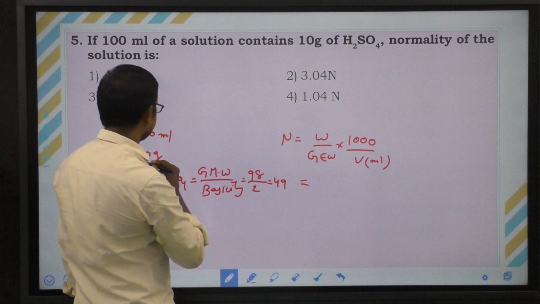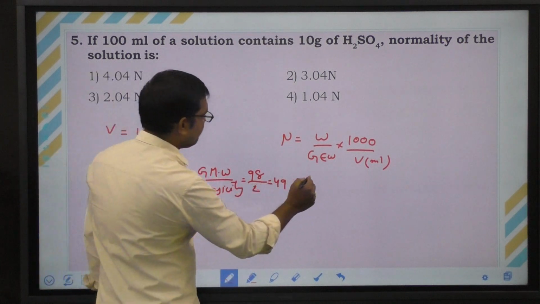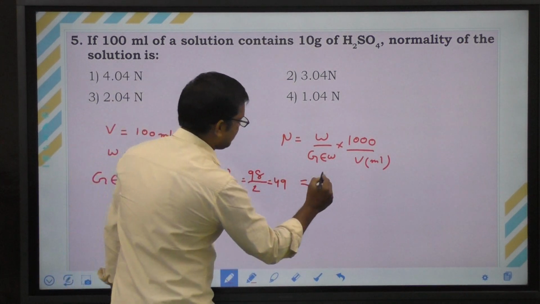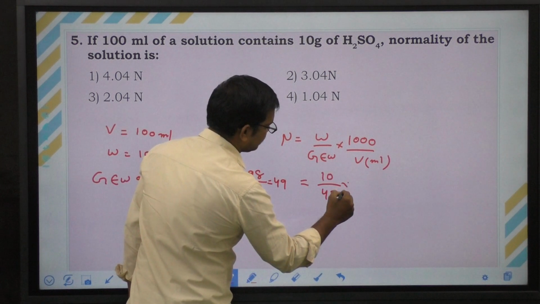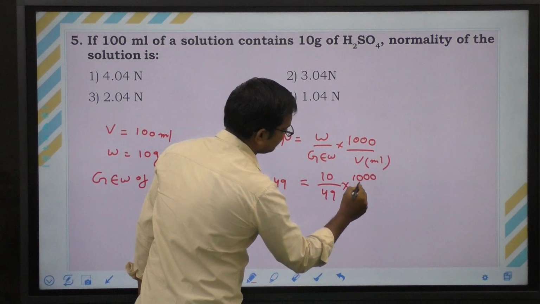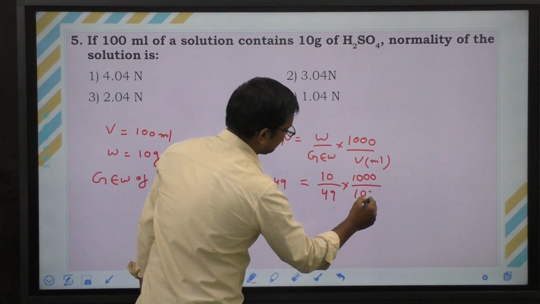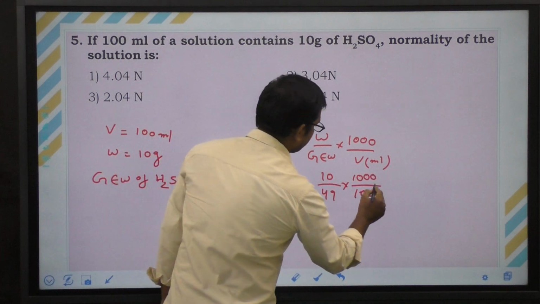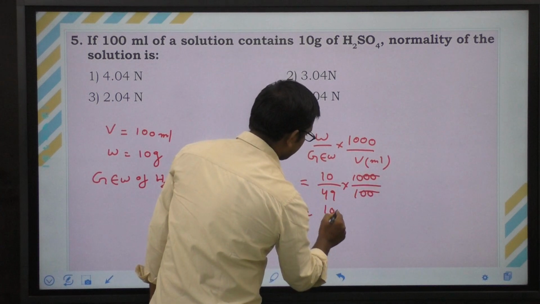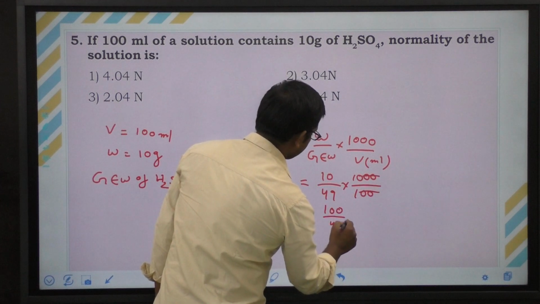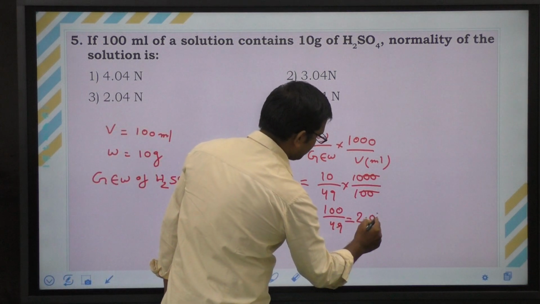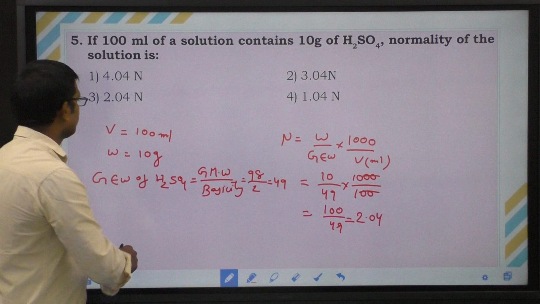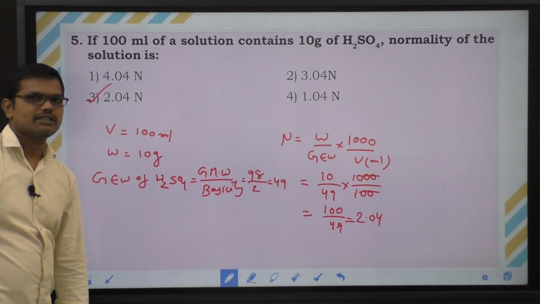That is 10 by 49 into 1000 by 100, which gives 2.04. Option 2, 2.04 normality.